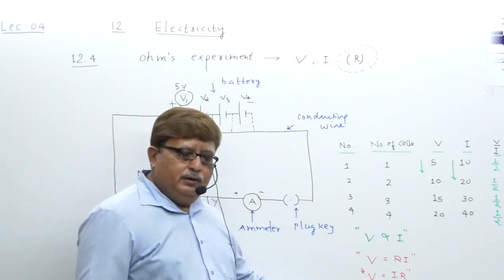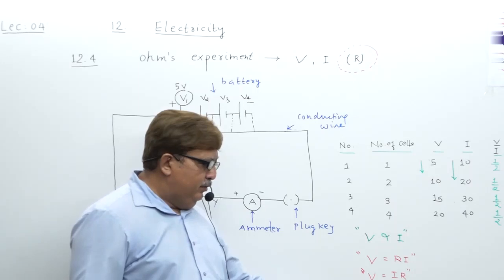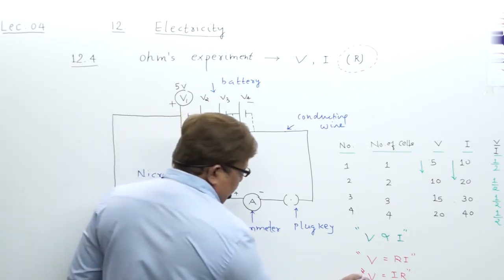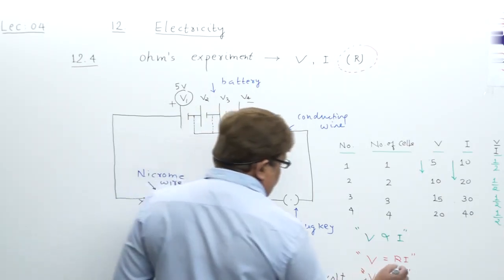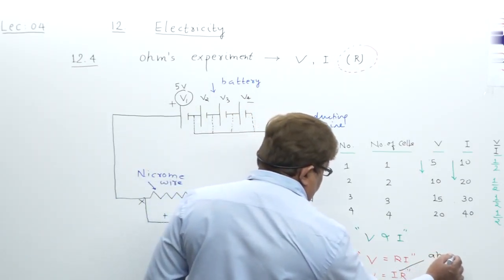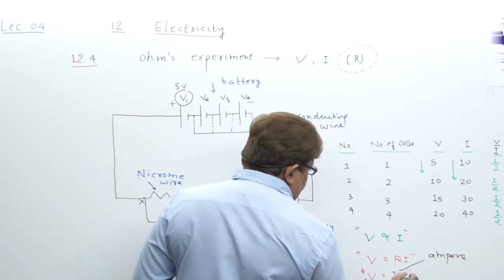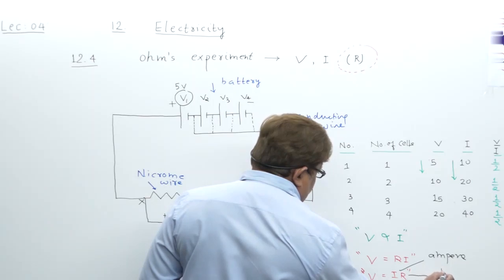V, electric potential, means potential difference, is measured in volt, that you all know. Current is measured in ampere, you all know. And my dear student, resistance is measured in ohm.